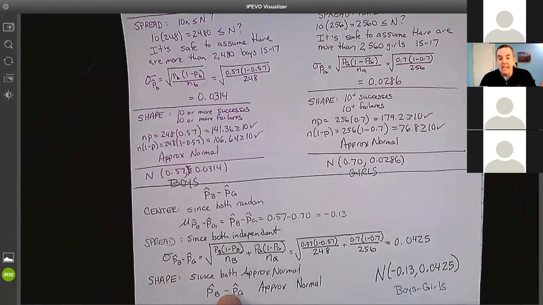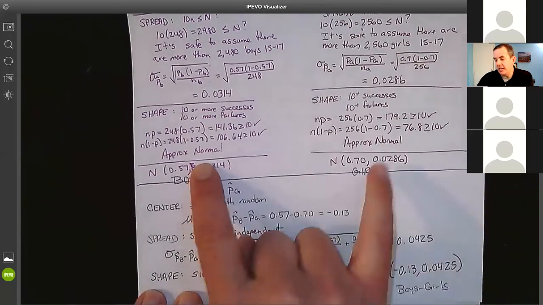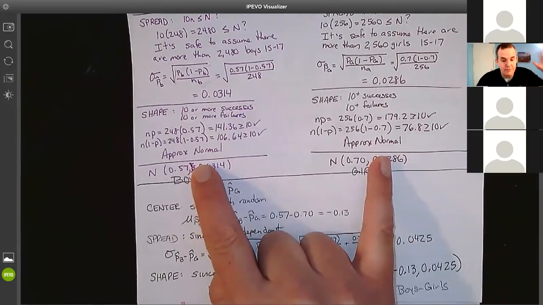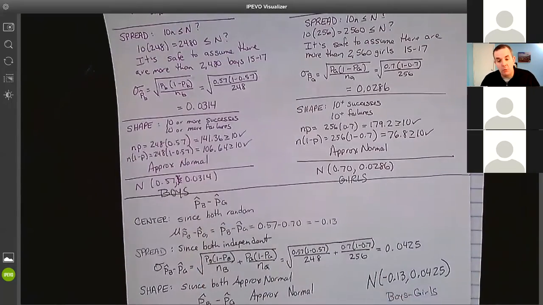If one is normal to start with and the second one is normal to start with, at the end their difference is normal as well, which is good. If for some reason this one was skewed and this one was approximately normal, you'd have to tell me, hey Mr. Oliver, I can't figure out the shape, because they both need to be normal in order for me to tell you the shape.